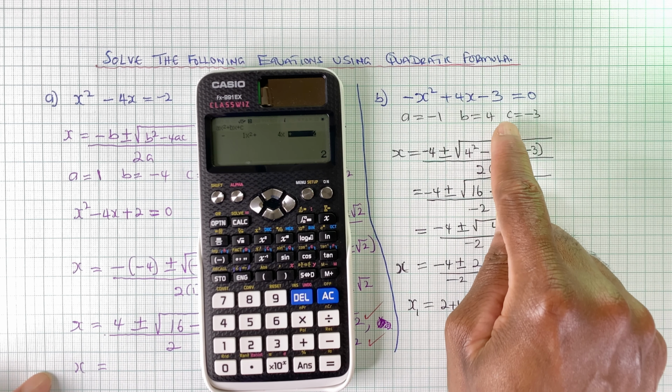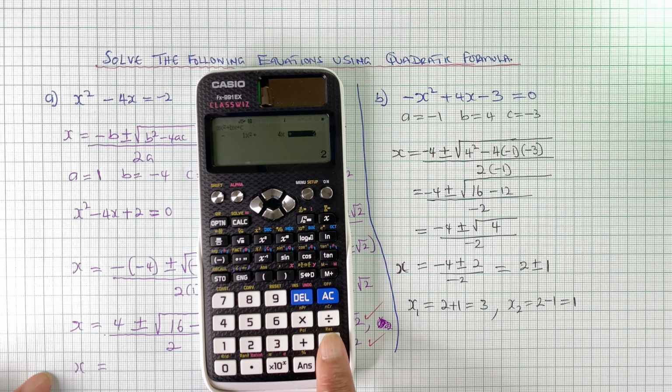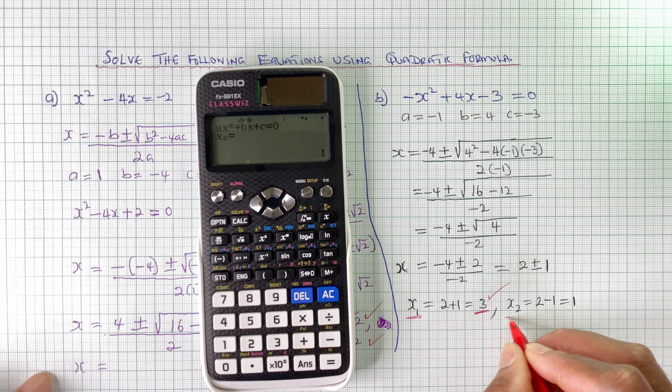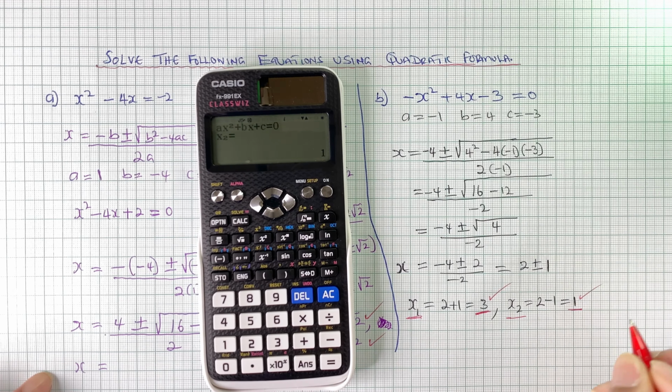The constant C is minus 3, so you put minus 3, put equals there, and then now we press equals again. So the first answer is 3, so x1 is 3, so that was good, and the second equals will be x2 is 1, so that's also good.